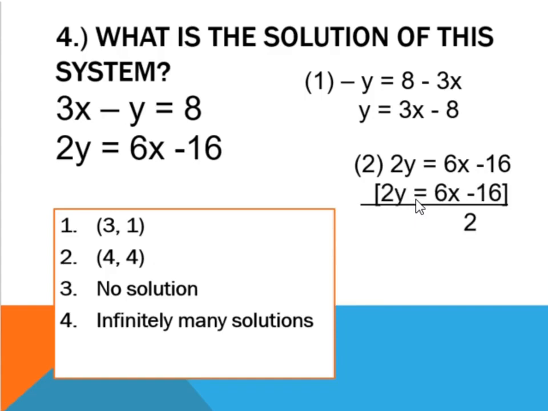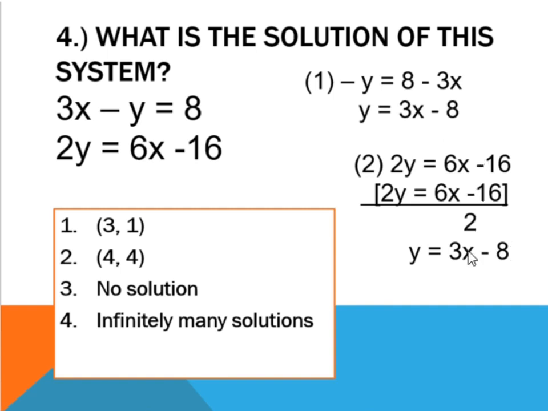So, we'll have 2y divided by 2 is y, and 6x divided by 2 is equal to 3x. Negative 16 divided by 2 is equal to negative 8. Looking at equation 1 and equation 2 in slope-intercept form, we have both y is equal to 3x minus 8.